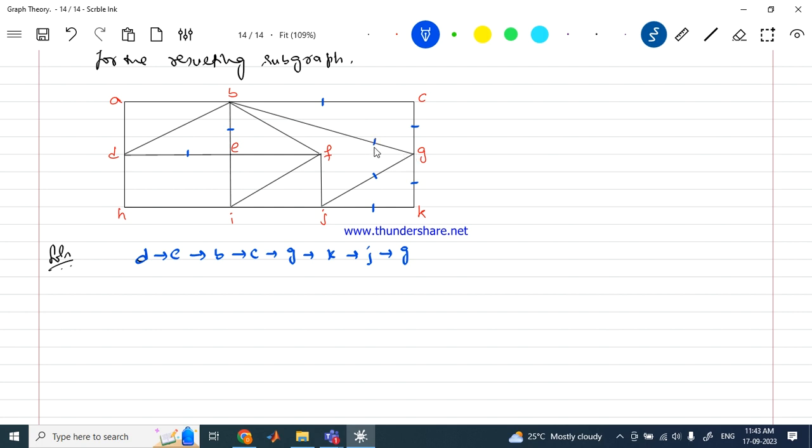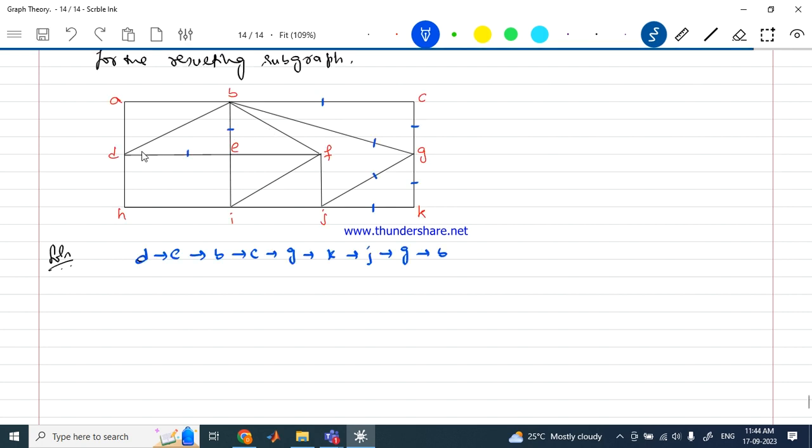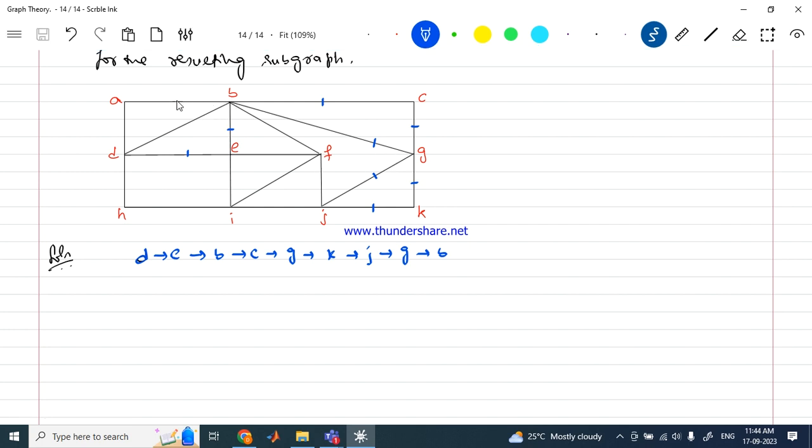So no option, I have to go G to B. I should end up with D now. So I just reached B, so we'll go to A, A to D, D to H, H to I.